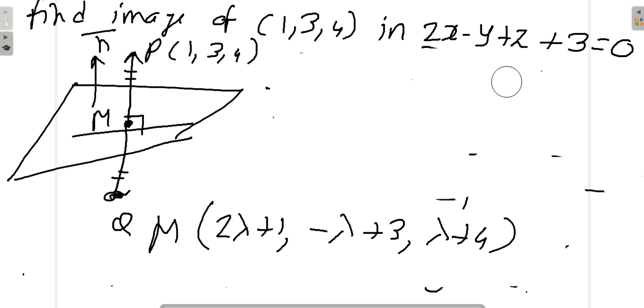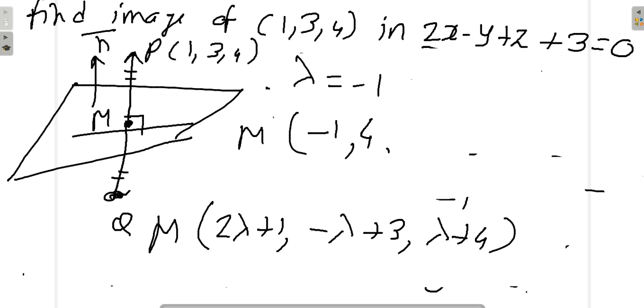So what are the coordinates of M? Put lambda equal to minus 1. So minus 2 plus 1, that is minus 1. Then 1 plus 3 is 4. Minus 1 plus 4 is 3. So these are the coordinates of M.